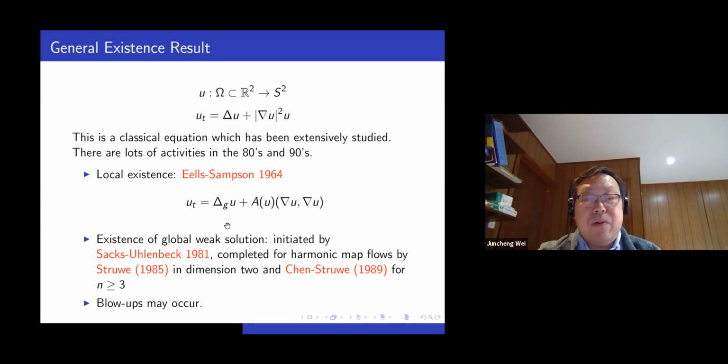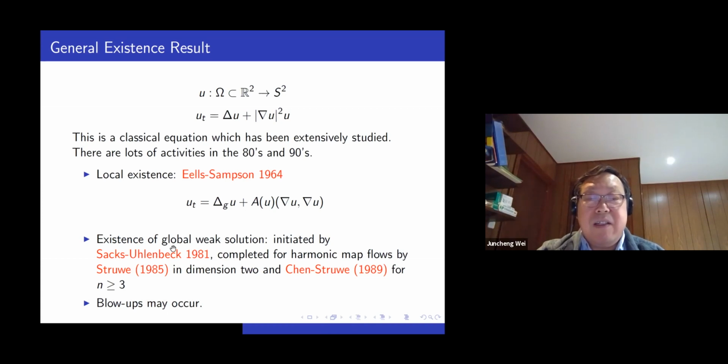For global solutions, this was initiated by Sacks and Uhlenbeck, and then Struwe in 1985 completed the Harmonic Map flow in dimension 2. He proved the existence of a global weak solution. And then Chen and Struwe in 1989 extended it to higher dimensions. So there exists a global weak solution.